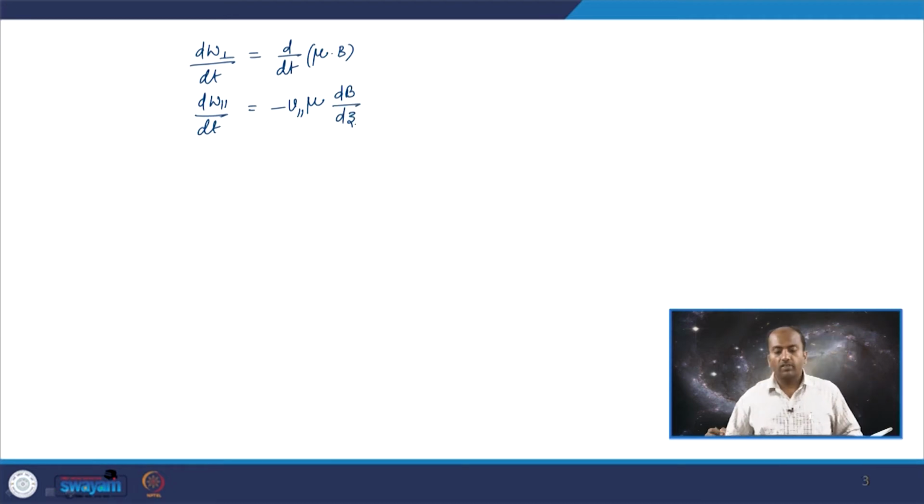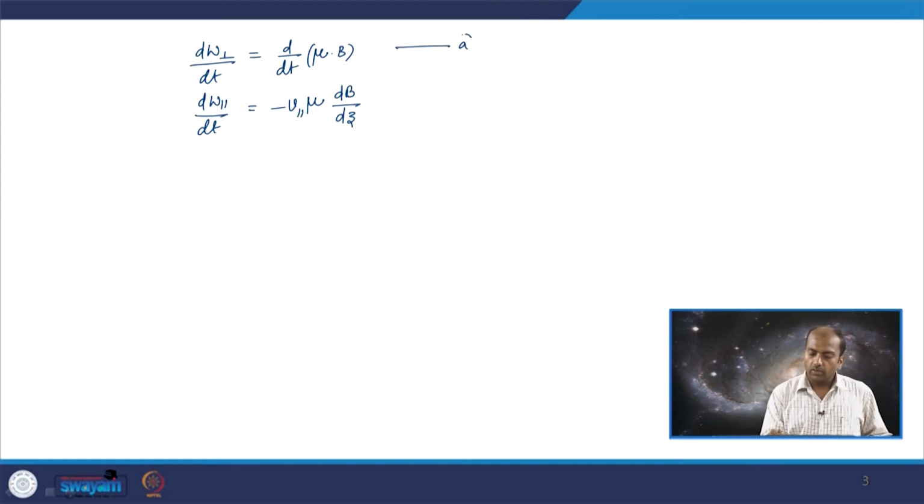What I have done is I have not written v parallel as dz by dt, rather I left it like this, so the dz terms do not get cancelled here. Let us call this equation A and this equation B.